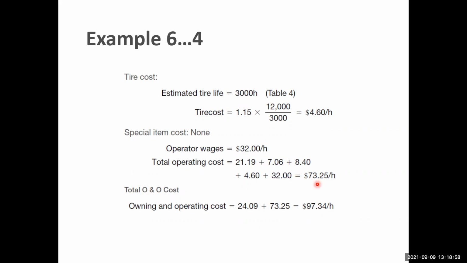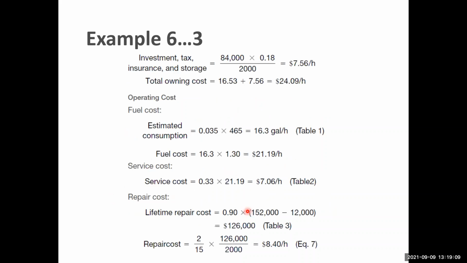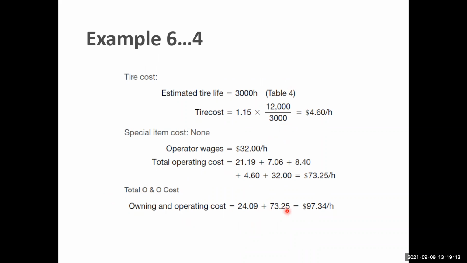So total will be $73.25. So this is the total operating cost. So total O&O cost, that means the total owning and operating cost, will be 24.09, which was the total owning cost, and then the total of the operating cost, which is $73.25. So it is $97.34.